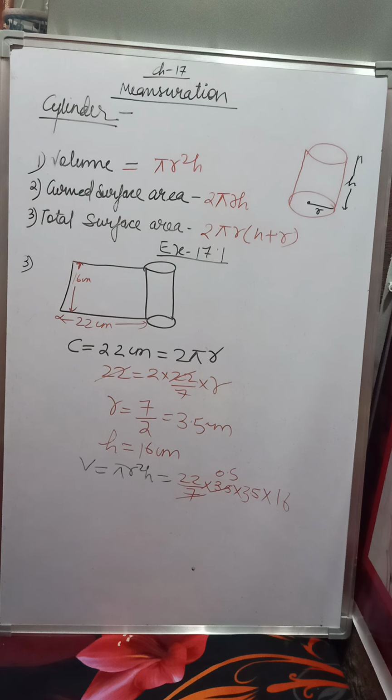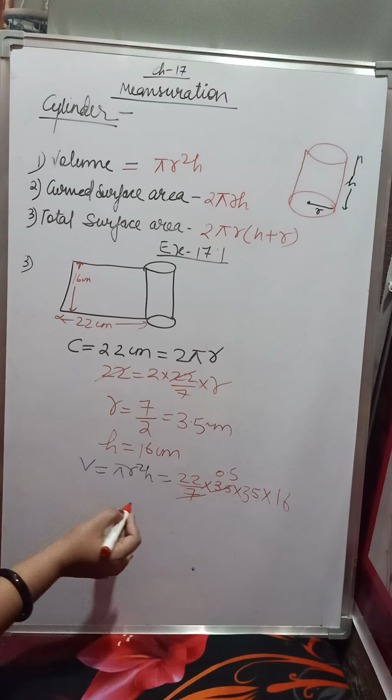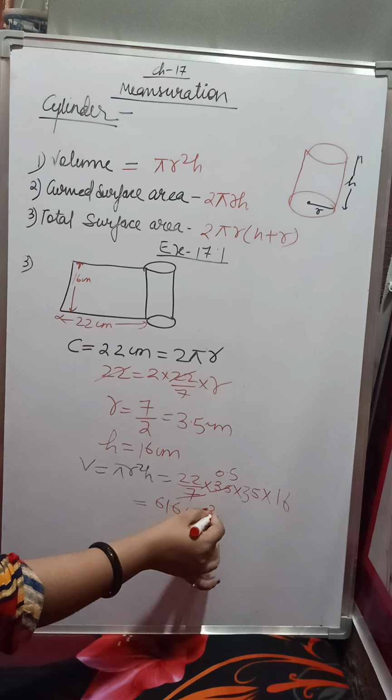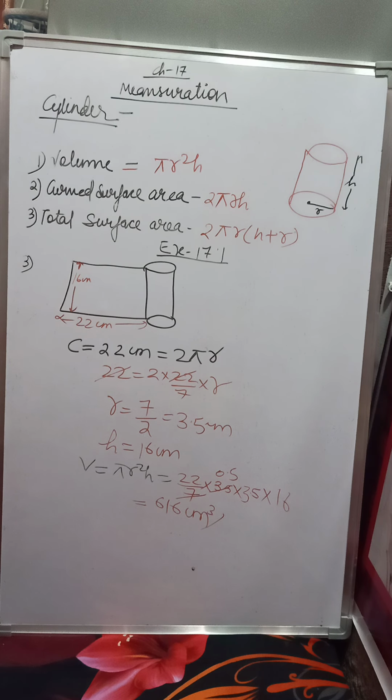By simplifying, it is 22 into 0.5 into 3.5 into 16. We will have 616 centimeter cube. This is the volume of the cylinder.